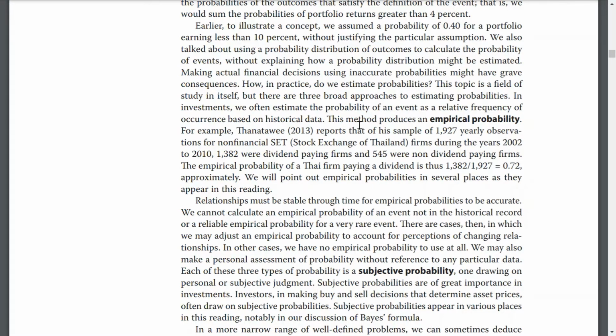The empirical probability of a Thai firm paying a dividend is thus 1,382 divided by 1,972, which is approximately 0.72. We will point out empirical probabilities in several places as they appear in this reading.